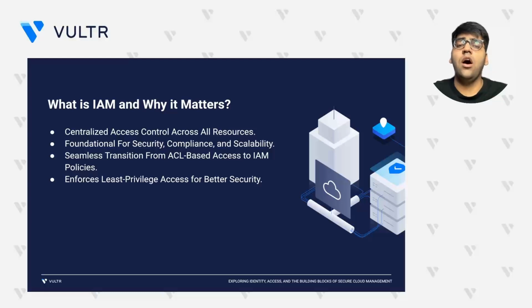It also allows a seamless transition from traditional ACL-based access into more flexible IAM policies without disrupting existing workflows. Most importantly, Vultr IAM enforces least privilege access, ensuring that users and systems only have permissions they actually need, which significantly improves overall security and reduces risk.